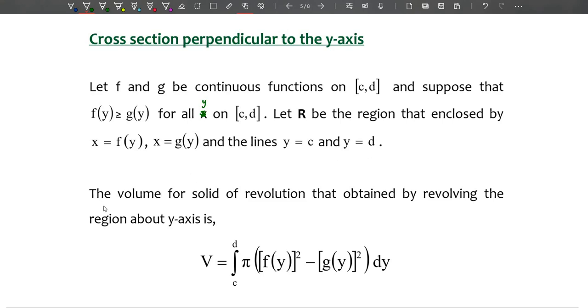Therefore, the volume of the solid of revolution obtained by revolving the region about the y-axis is V equal to the integral from c to d of pi times f(y) squared minus g(y) squared, with respect to y.